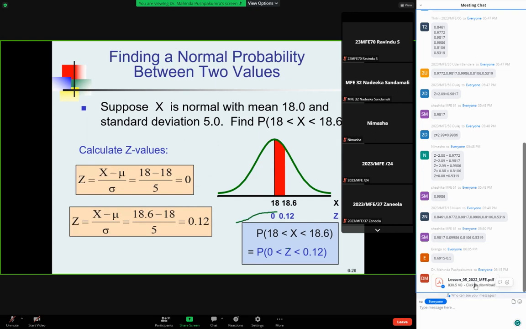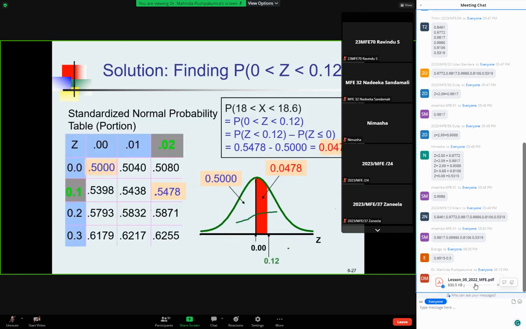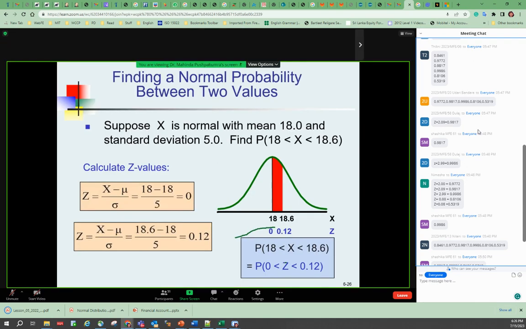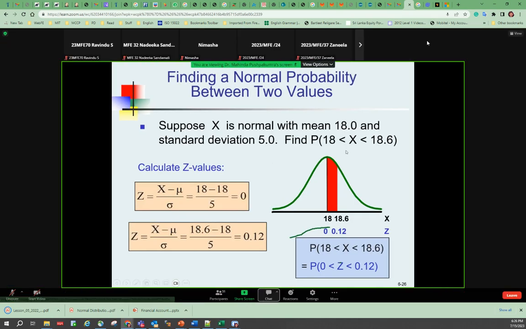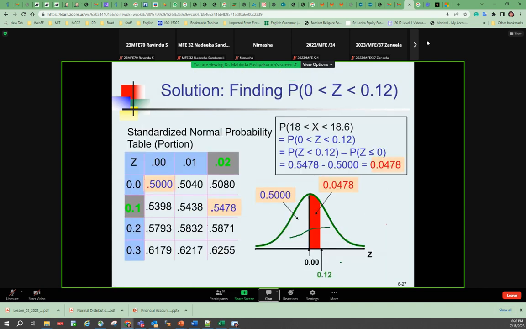Then the next one. What is the probability that X is 18 to 18.6, this area? Then you can find the probability less than 0.12, that means this part.